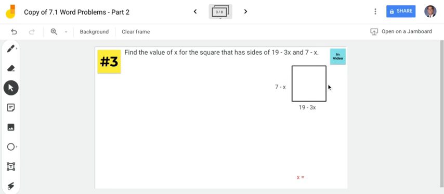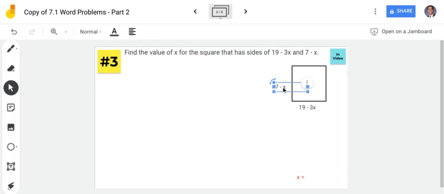Now I know the properties of a square. I know every side of the square is equal, right? This side's equal to this side, is equal to this side, is equal to this side. Similar to how an equilateral triangle has all side lengths the same, a square also has all side lengths being the same. So what I can do here is set this side equal to this side.